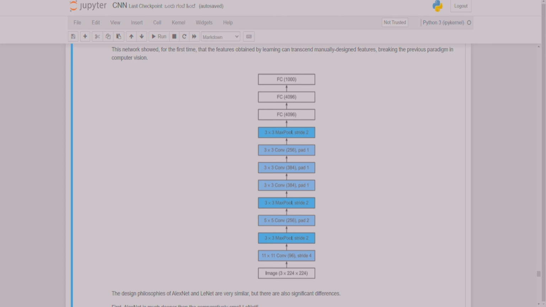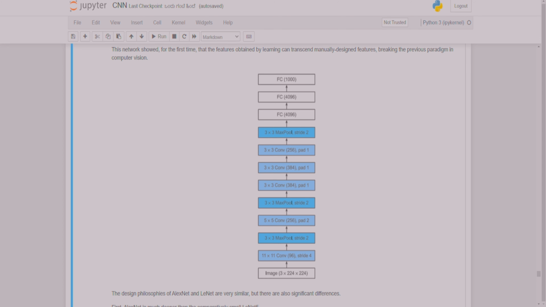Now you see a convolution, maximum pooling, convolution, convolution, convolution. It's not necessary that after convolution you have to go for pooling. There's no rule like that. So here they have used a stack of convolution followed by another convolution followed by another convolution. Yes, it's allowed. We may have a question in mind whether we can do that, and yes, you can.